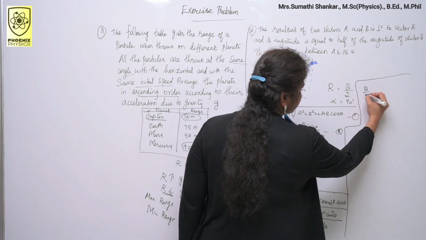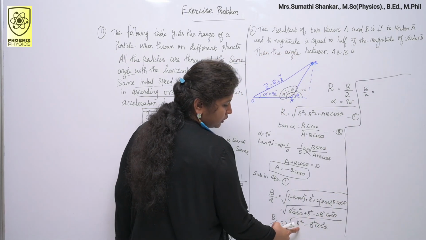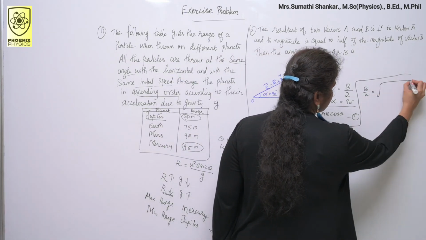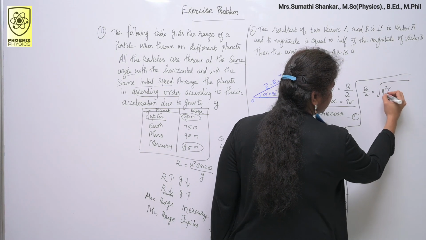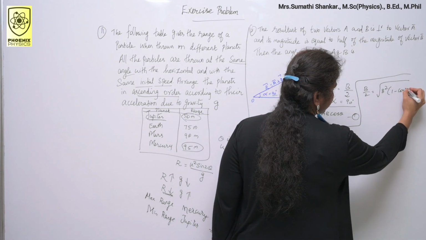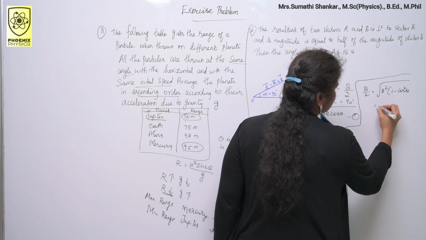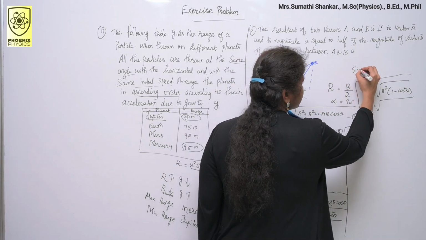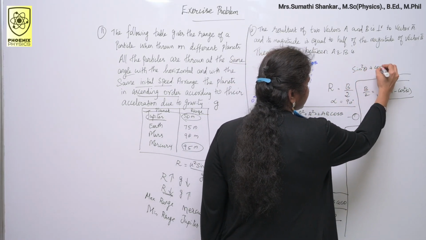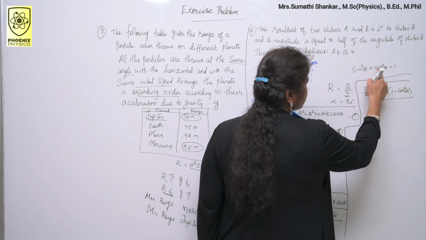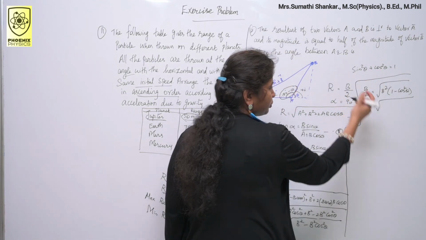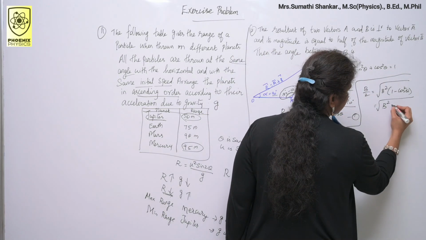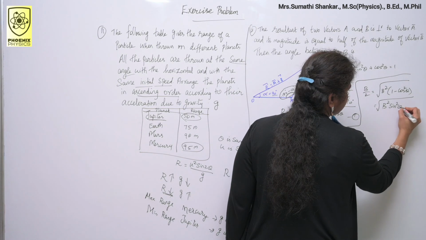B by 2 is equal to, take B square outside, so B square into 1 minus cos square theta. What is 1 minus cos square theta? You know the relation sin square theta plus cos square theta is equal to 1. So 1 minus cos square theta is nothing but sin square theta. So B square sin square theta.